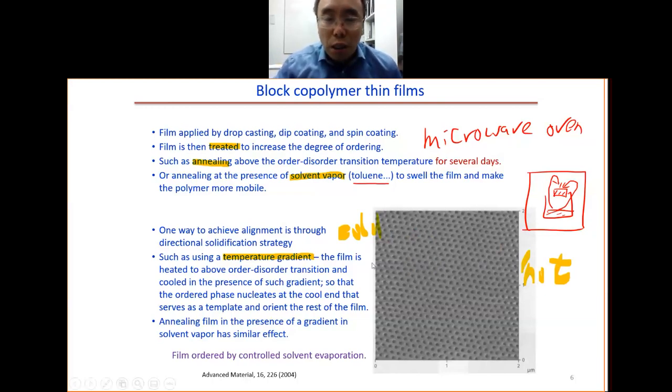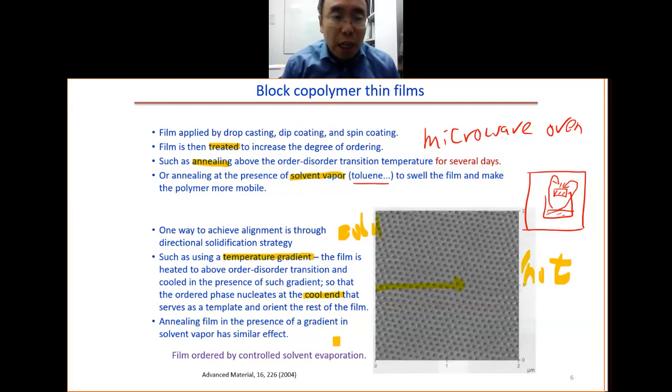The cold part will nucleate first. Then it will propagate from the left to the right. This way it gets aligned. So here the cold end serves as the template that orients the rest of the film and then propagates to the right side.